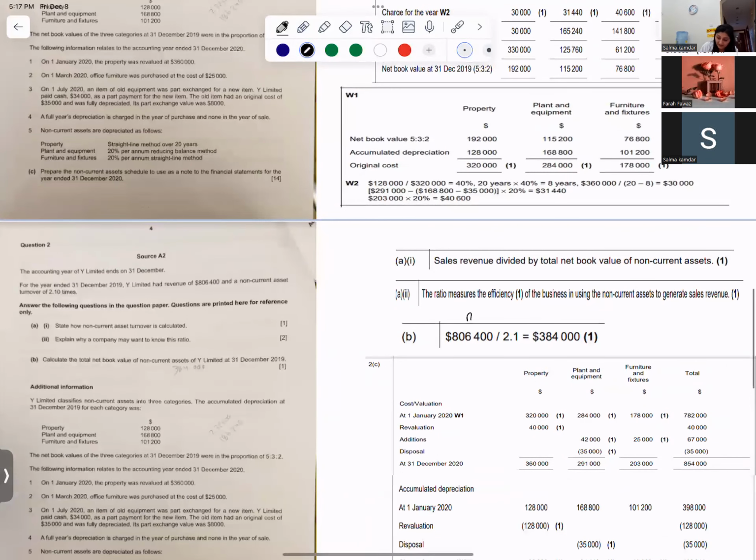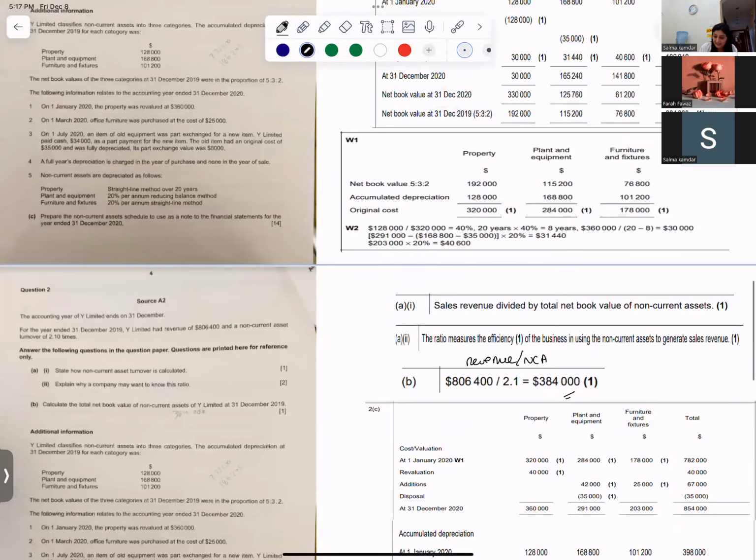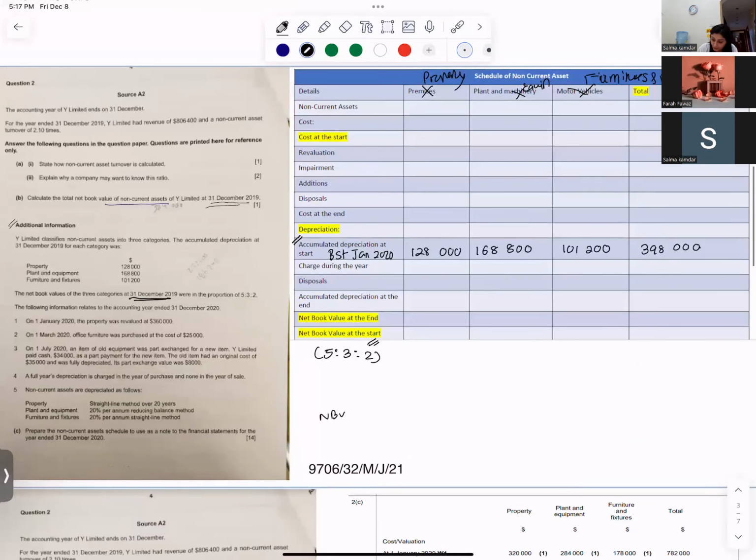So revenue divided by non-current asset turnover ratio, you got the net book value of your assets. So your net book value total was how much? 384,000. Yes?